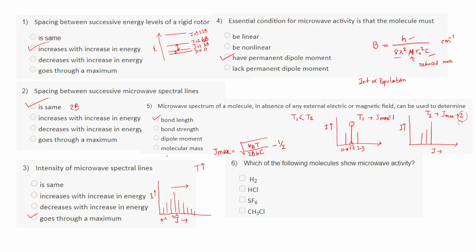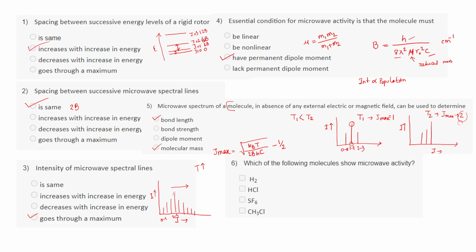Will you get the molecular mass? No. Why? You will get the reduced mass, that is m1 m2 by m1 plus m2, but you will not know which one is m1 or which one is m2 if you don't know your molecule.